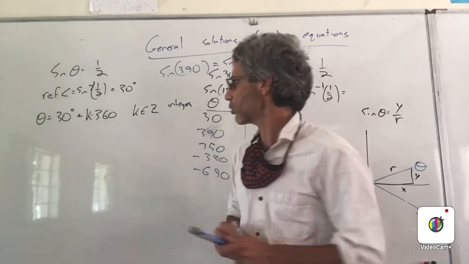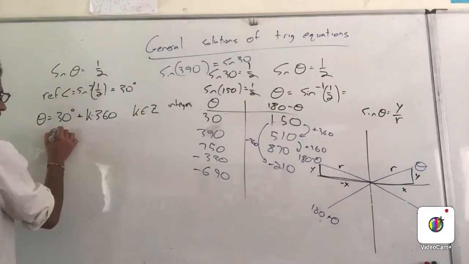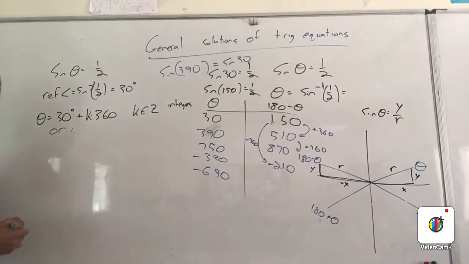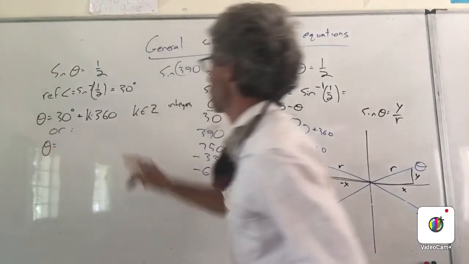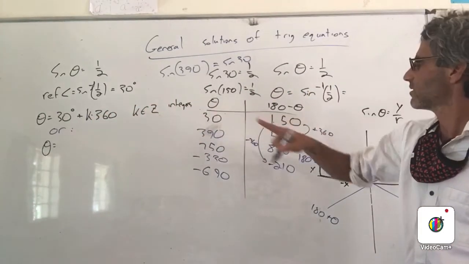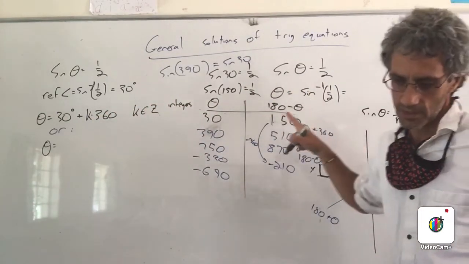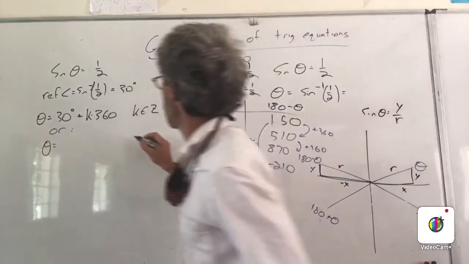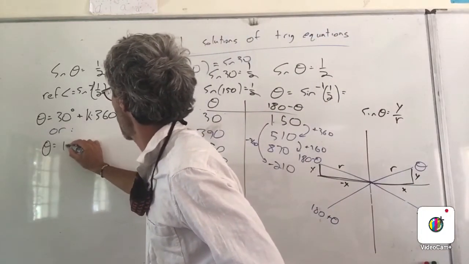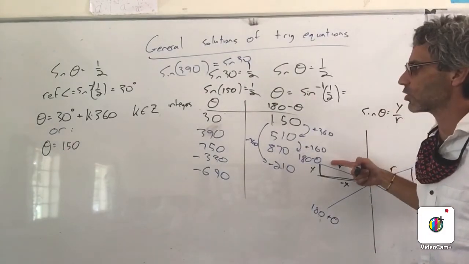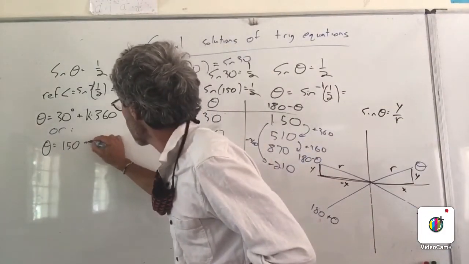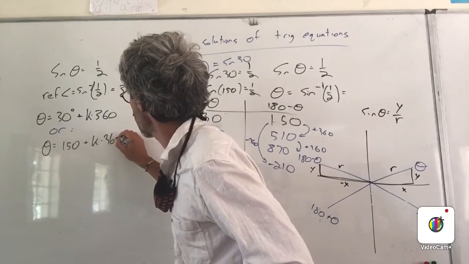So that is half the solutions. Why half? Because I know I've got another whole bunch of solutions. What's the other solution, not based on 30? 150. So I can look at the angles in the second quadrant, and again I can add k times 360.